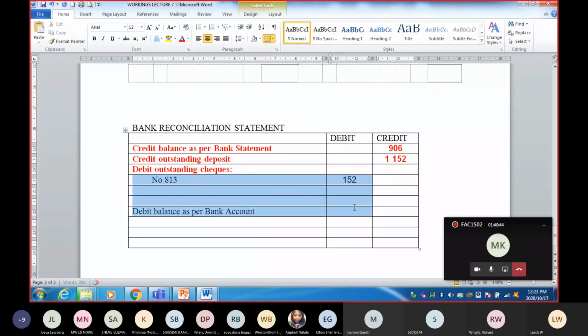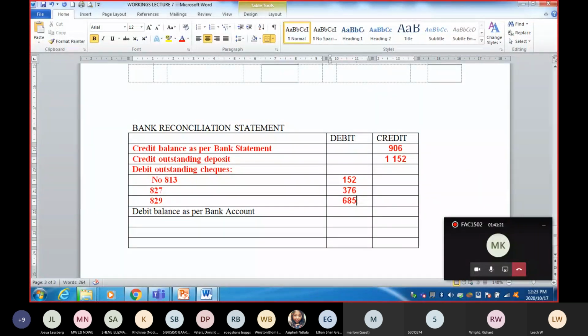And then outstanding checks for the current month will be the following. Check number 827, for the amount of 376, and also check number 829 will be outstanding for the current month, and that will be for the amount of 685 Rand.